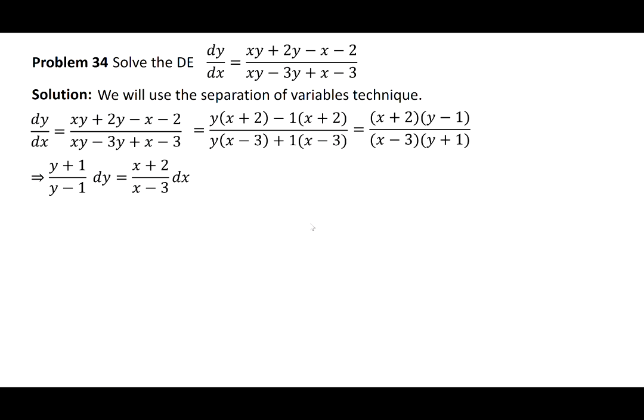Now the question is, how do you integrate that? Well, I showed you earlier, we could be a bit clever about this one. We could do long division, or we could do something clever. That is, express the top in terms of the bottom. That means on the top, make sure you have a y minus 1. So write this y plus 1 as y minus 1 first.